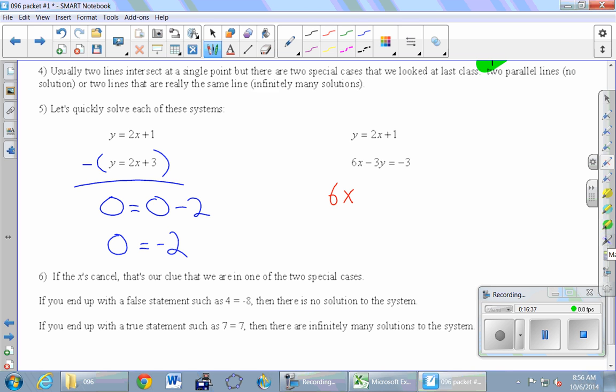I'm going to copy the second equation, except I'm leaving a big space where the y is supposed to be. And right here, where the y is supposed to be, what are we going to put? 2x plus 1, because that's identically equal to y. So 2x plus 1 goes right here.